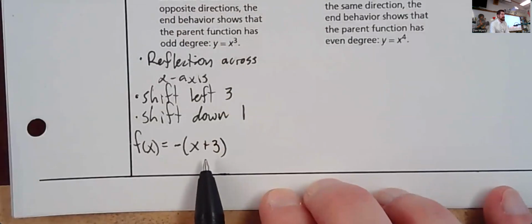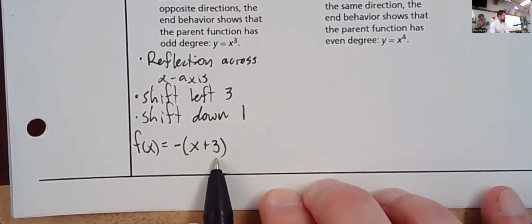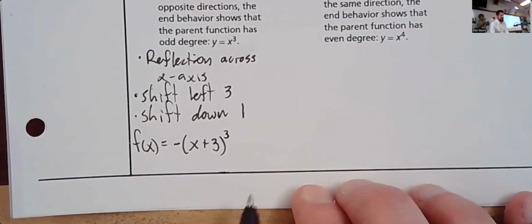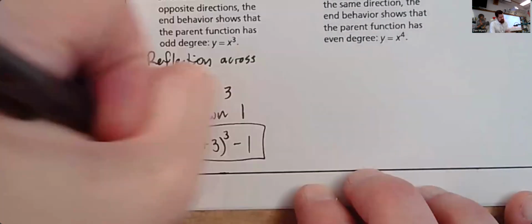So in the parentheses is going to be x plus 3. That's the only thing inside the parentheses. Right, Devin? Negative on the outside, x plus 3 on the inside. Keep the same exponent, 3. And if you go down 1, what goes at the end? -1. This is our function.